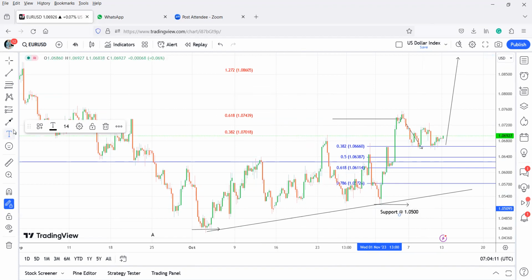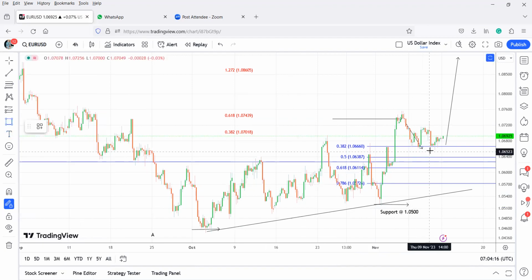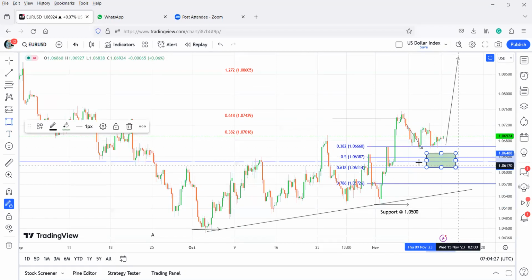Now, which is the buy zone and the sell zone? It begins from 1.0680 and goes all the way towards 1.0600. So the entire green zone here is the buy zone. If you see prices dropping lower towards 1.0600 levels, it is an excellent buy zone.